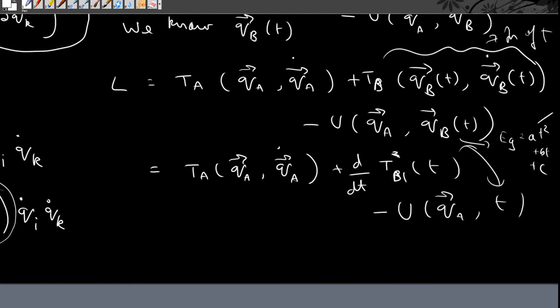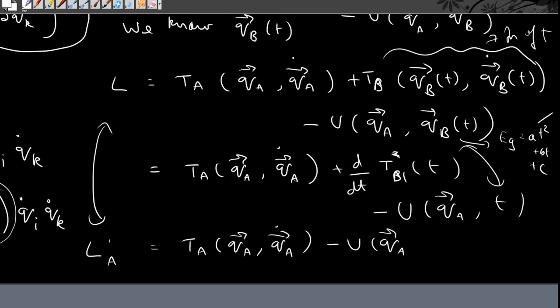And from our previous lecture, we know that this Lagrangian is equivalent to LA dash, which is TA of QA dot minus U of QA and t. Because a Lagrangian which differs by a total derivative of some function of time and coordinate is mechanically equivalent, because we are going to get back the same equations of motion.